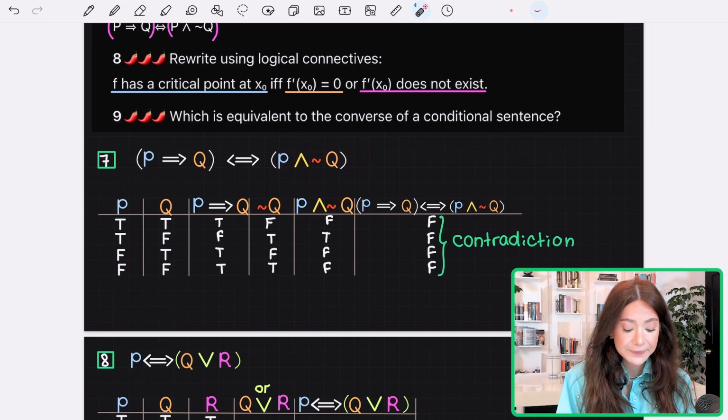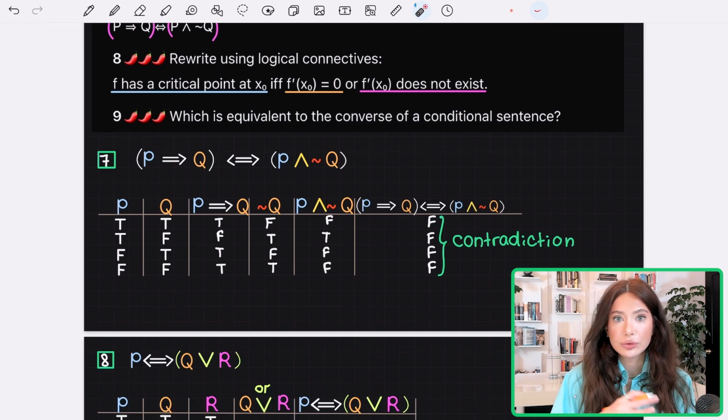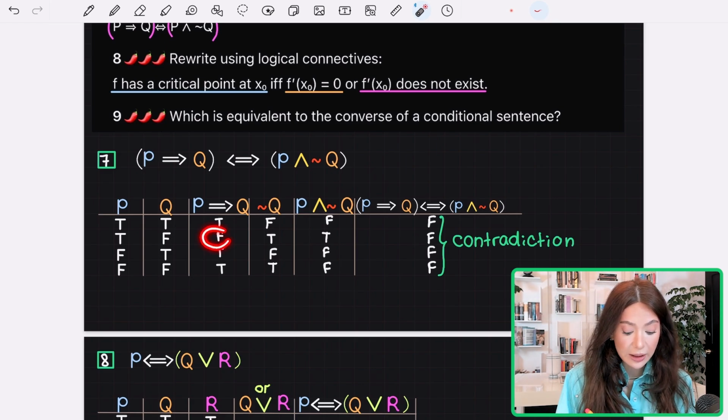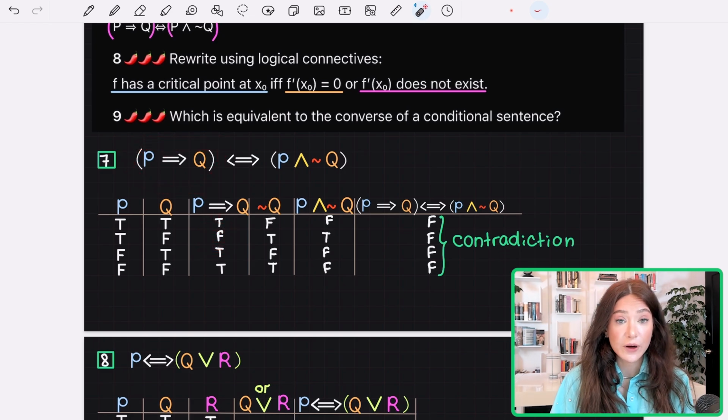Why? Because when the conditional statement is false, it happens only once, right? And it actually happens here, where you have P true and Q not true. So not Q and P. That's where the whole statement is false.